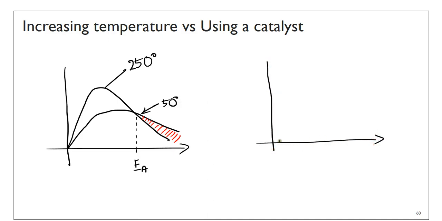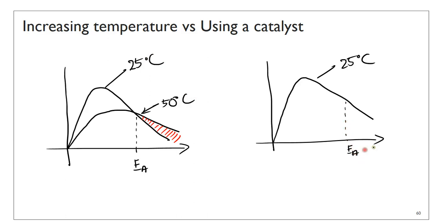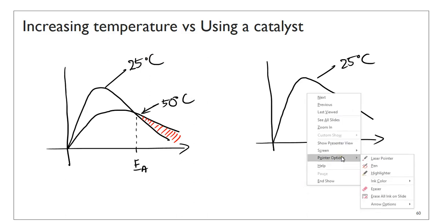Now, if I have a catalyst, so if I have 25 degrees here, that's supposed to say 25 degrees, not 250, by the way. If the EA is here, then when you have a catalyst, it just lowers the EA without needing to increase the temperature.